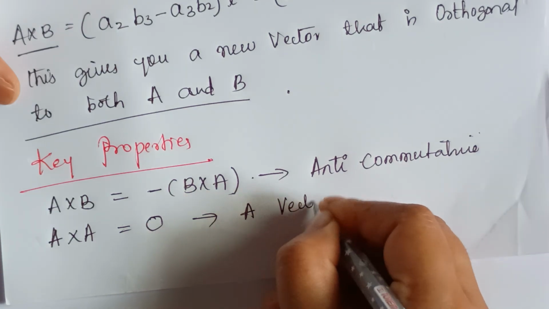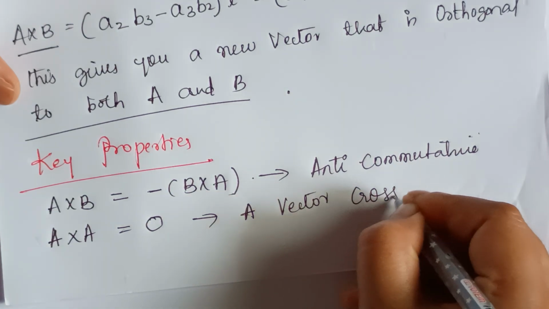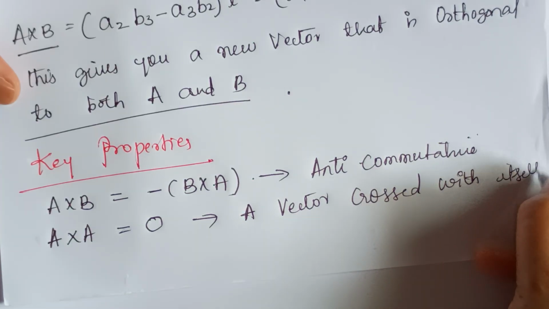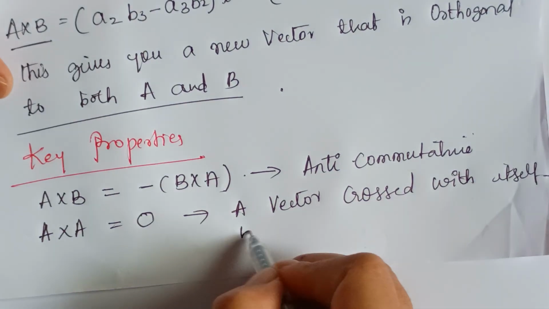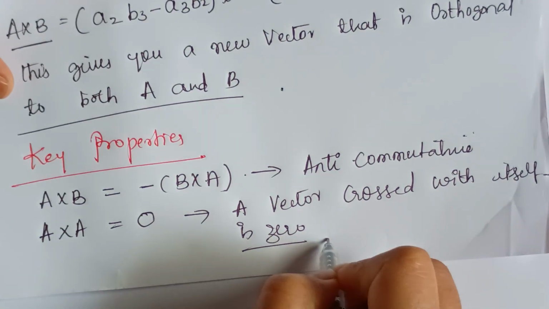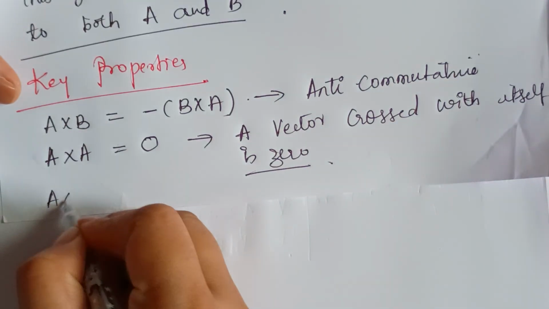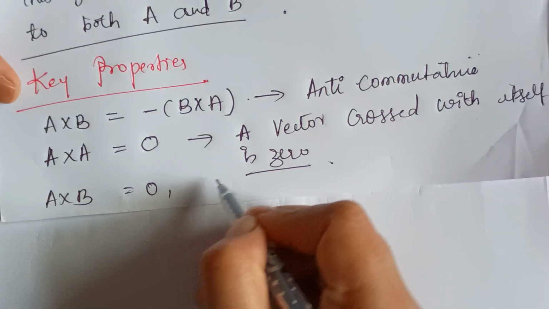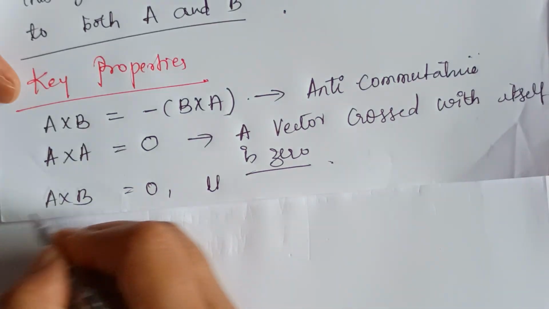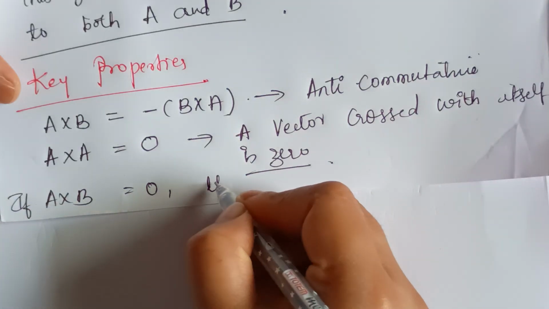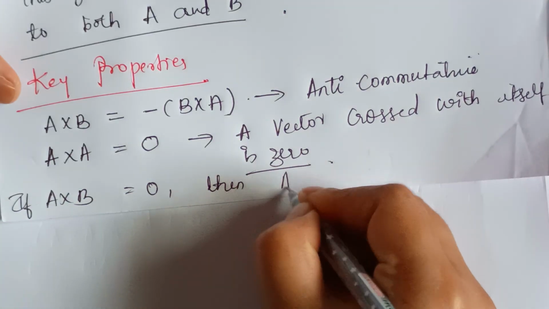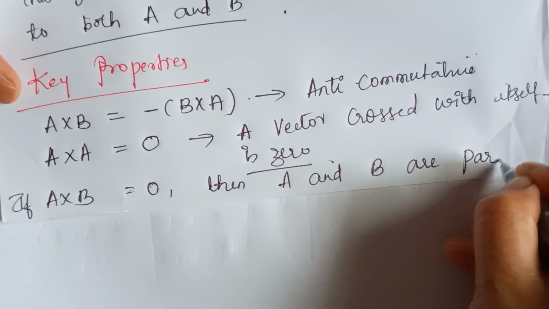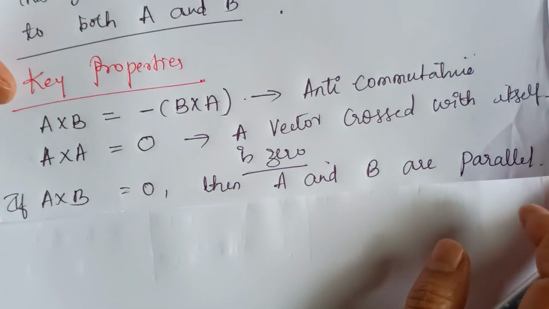A vector crossed with itself is 0. And A cross B equals 0 means A and B are parallel. These are the key properties you have to remember.